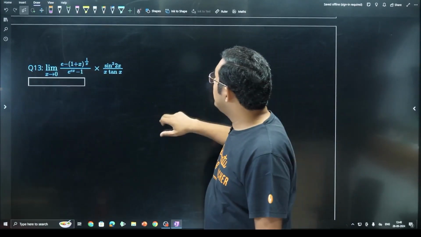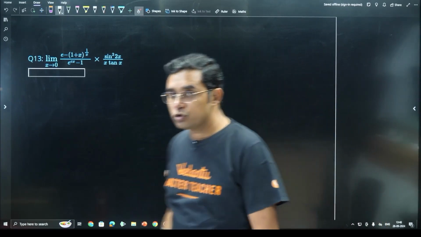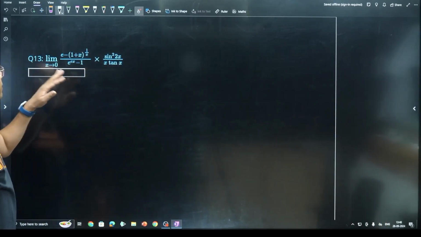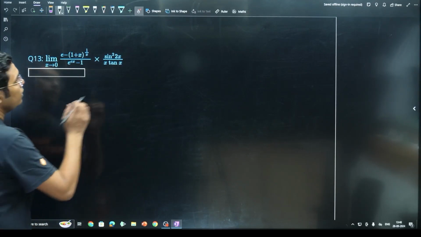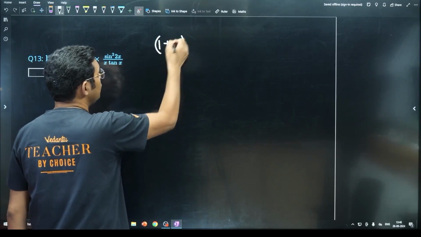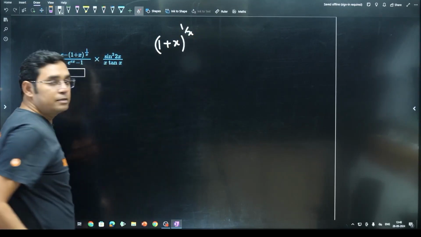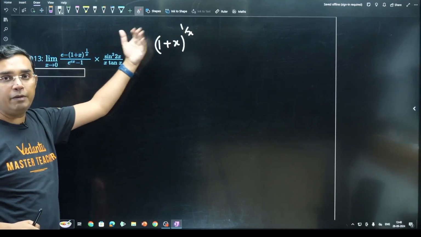In this question we are asked to find the limit. Please see how this question can be done. We are given the limit as x approaches 0 of e minus (1 plus x) power 1 upon x, and x is approaching 0. You might already know that as x approaches 0, 1 plus x, this base, will tend to 1 and the power will tend to infinity, so it's a 1 power infinity form.